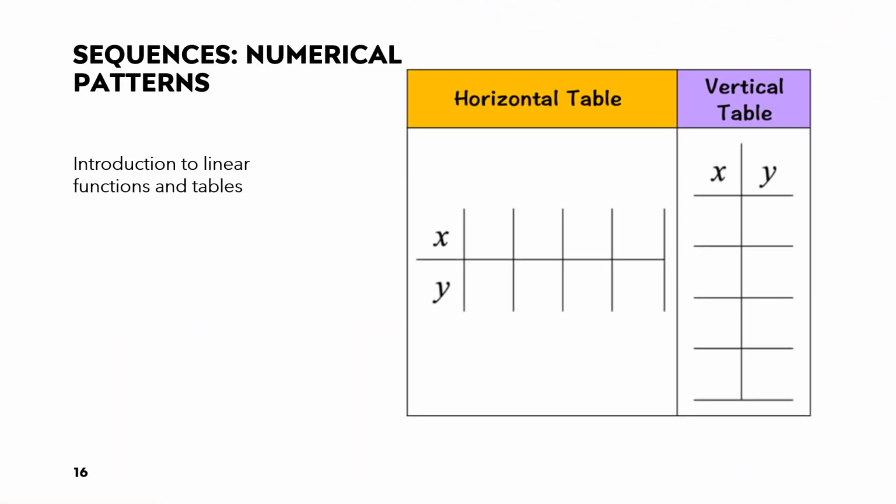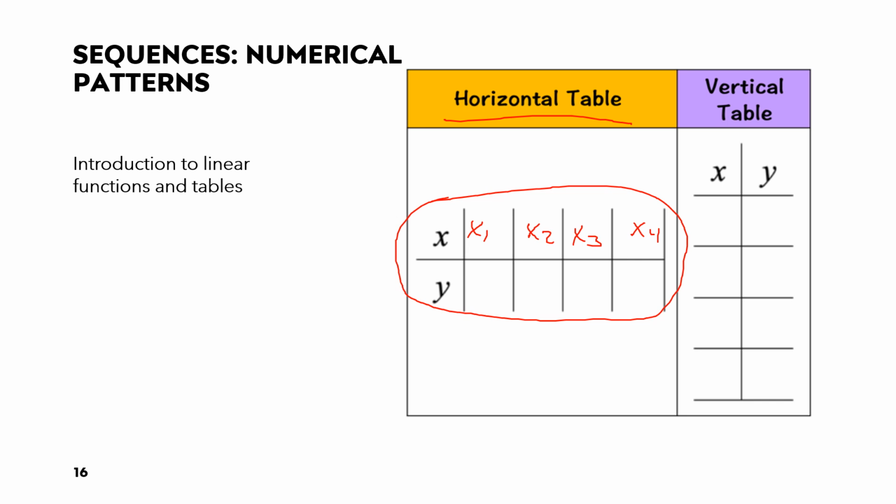The reason that's important is because we're going to put some numbers in the table. So here, this is x1, which is your first term. This would be x2, your second term. This would be x3, your third term. This is x4, your fourth term. A table like this one right here, that we just wrote in, is a horizontal table. We call it a horizontal table because it lies across the horizon.